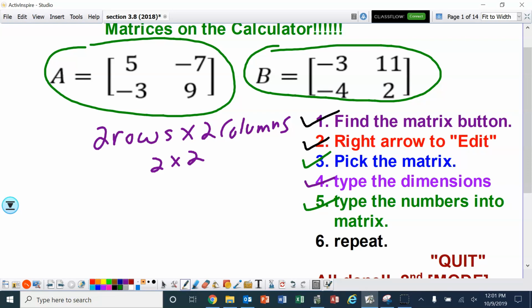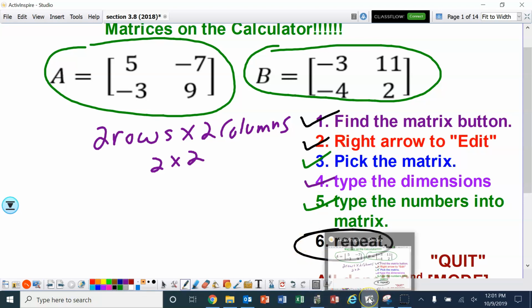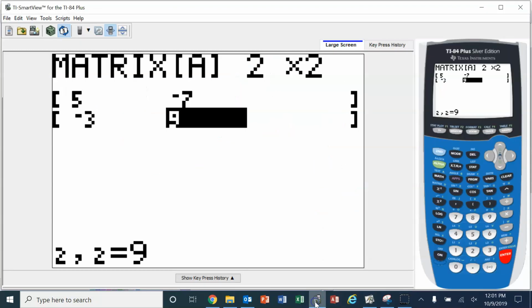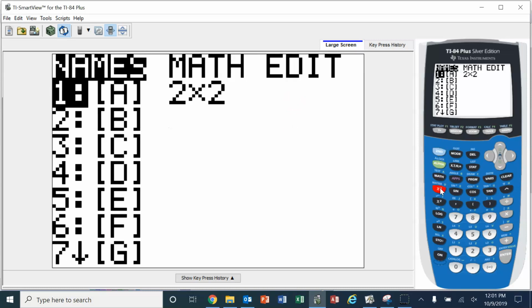Now it says repeat. So now we're going to do matrix B. I'm going to start at the top. We go second matrix if you have a newer calculator, otherwise just hit matrix.